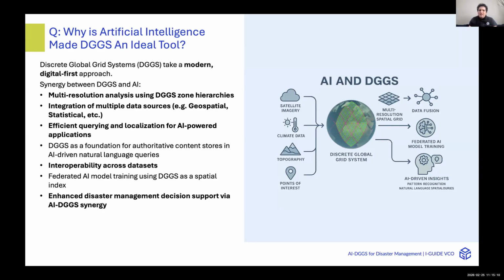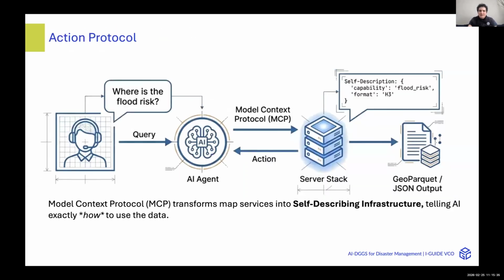So this interoperability across data sets is the big selling piece for the DGGS, or similar technologies like the TiLink, which you can also consider as a DGGS. So it's the only way forward. Let's put it this way: if you want to really give an AI a geospatial mind, you kind of have to go with the grids. Your coordinates might not cut it.